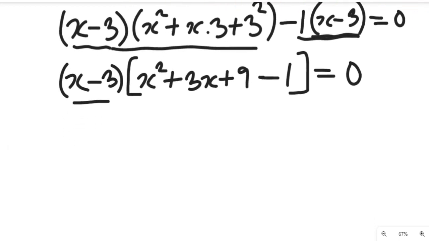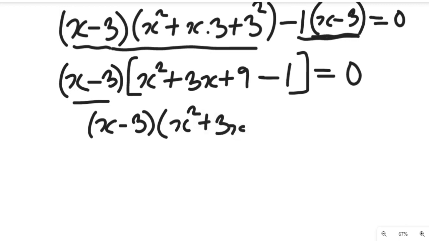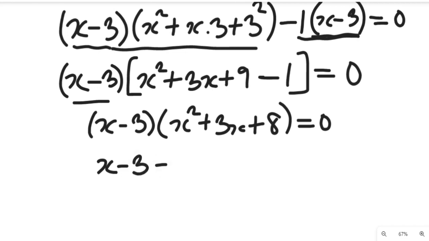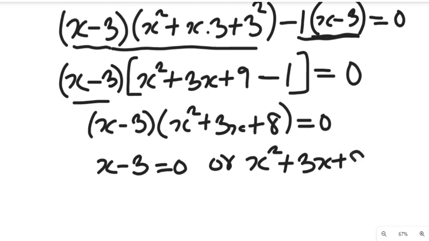So if we simplify this expression, you will come to see that we'll have our x minus 3, and then we'll have our x squared plus 3x plus 8 equal to 0. Now from this expression, our x minus 3 will be equal to 0, or we'll have the quadratic equation x squared plus 3x plus 8 to be equal to 0.